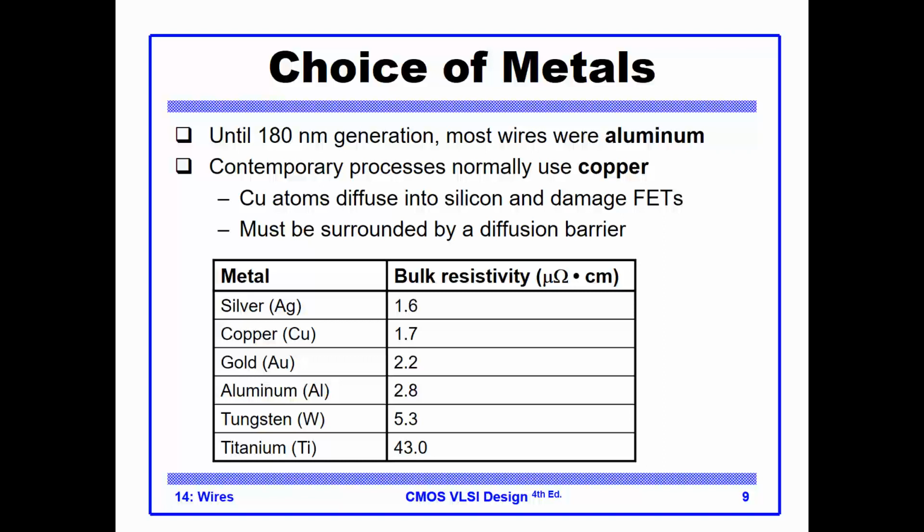Well, in older processes, aluminum was the material used to create wires. In contemporary processes, we introduced other lower resistance material such as copper. You can see that here copper is right on top with low resistivity compared to aluminum.